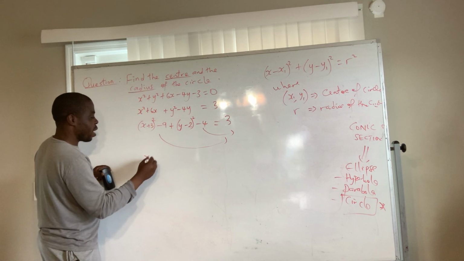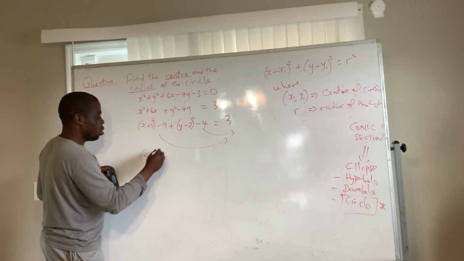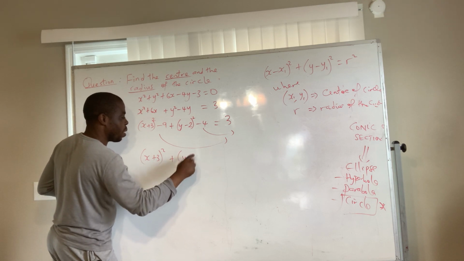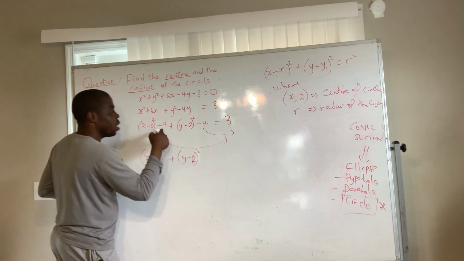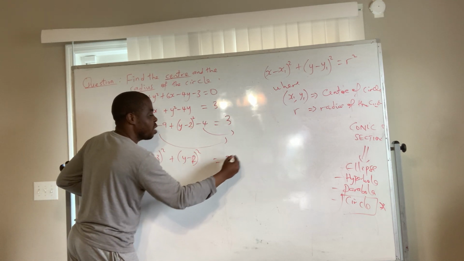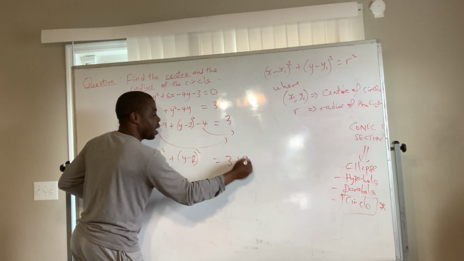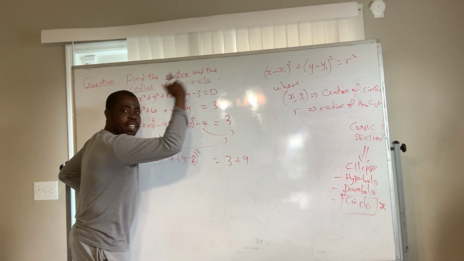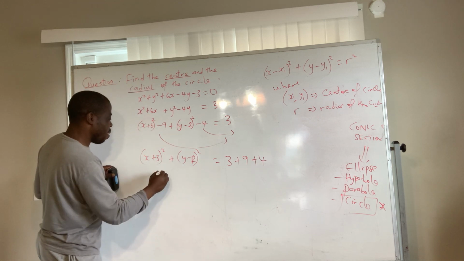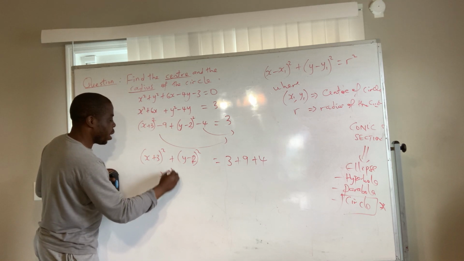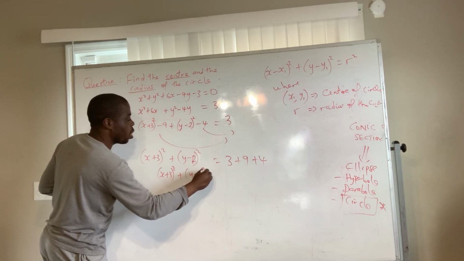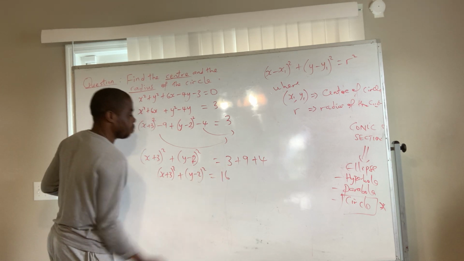Now I will have x plus 3 squared plus y minus 2 squared. When my negative 9 gets to the right side, it becomes plus 9. When negative 4 gets to the right side, it becomes plus 4. So I have x plus 3 squared plus y minus 2 squared equals 16.